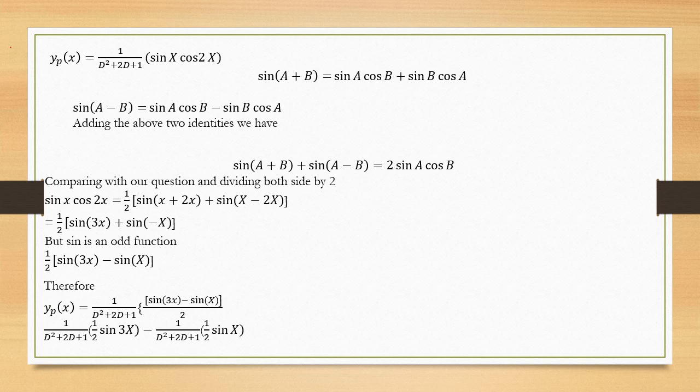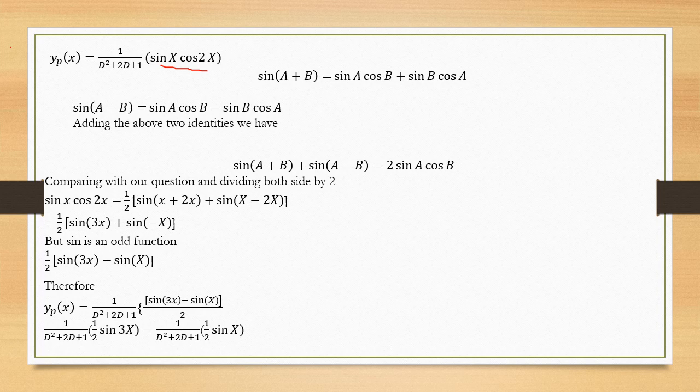We will have y_p of x equals 1 over D squared plus 2D plus 1 of sine x cos x. Since we have here the product of two trigonometric functions, we'll have to know some identities. Sine of a plus b is equal to sine a cos b plus sine b cos a, and if we are subtracting, it will be sine of a minus b equals sine a cos b minus sine b cos a.